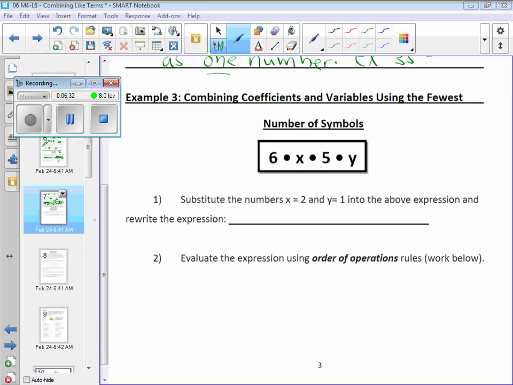Can you evaluate it right now if I don't give you values? No, I have to give you what the value is for x and the value is for y. Well, what if I tell you that x is 2 and y equals 1? What should you do first? Before anything, what do you got to do first? Gabby, you have to substitute first. Let's do that.